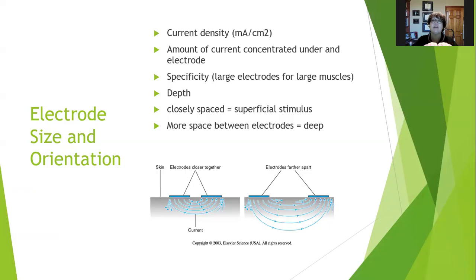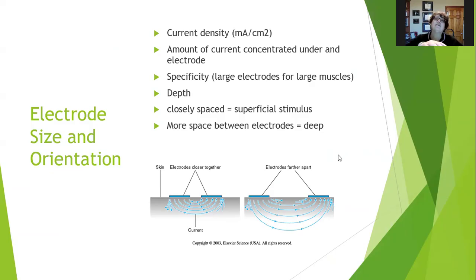The more closely spaced they are, the more superficial the stimulus is going to be. If there's more space between the electrodes, it will go deeper into the tissues. So consider how deep your tissues are and what other tissues are in the area when you consider your electrode placement. And we'll consider electrode placement in the lab a lot too.